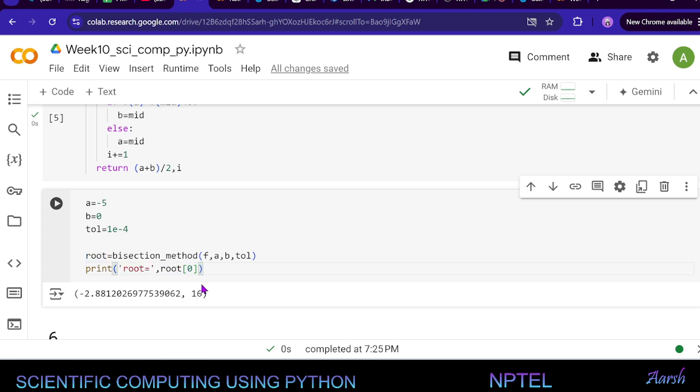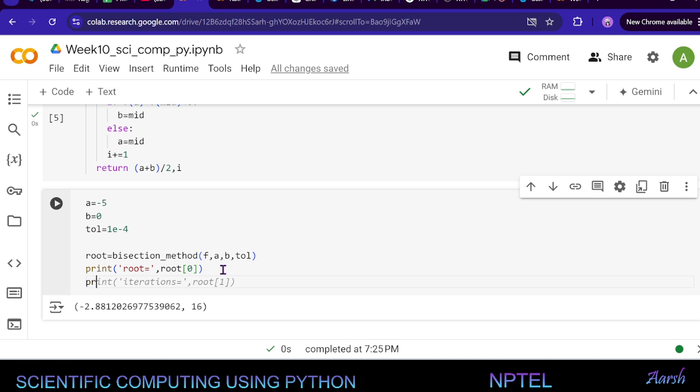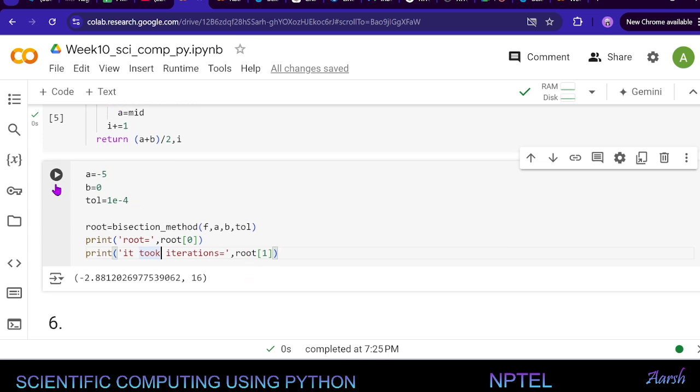Root is equal to, and another line, print iterations it took, iterations is equal to.